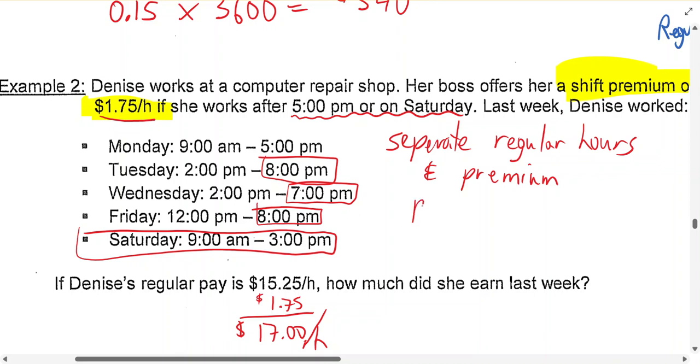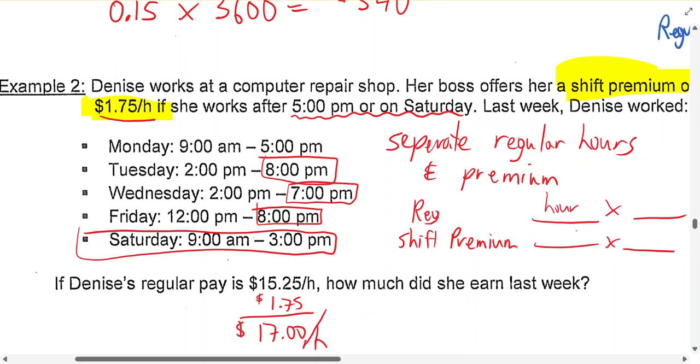So you're going to have regular time, and then you'll have shift premium time, or premium time, whatever you want to call it. Then go hours times your wage. But figuring out the hours is the tricky part. Okay, so take a second, write that down.